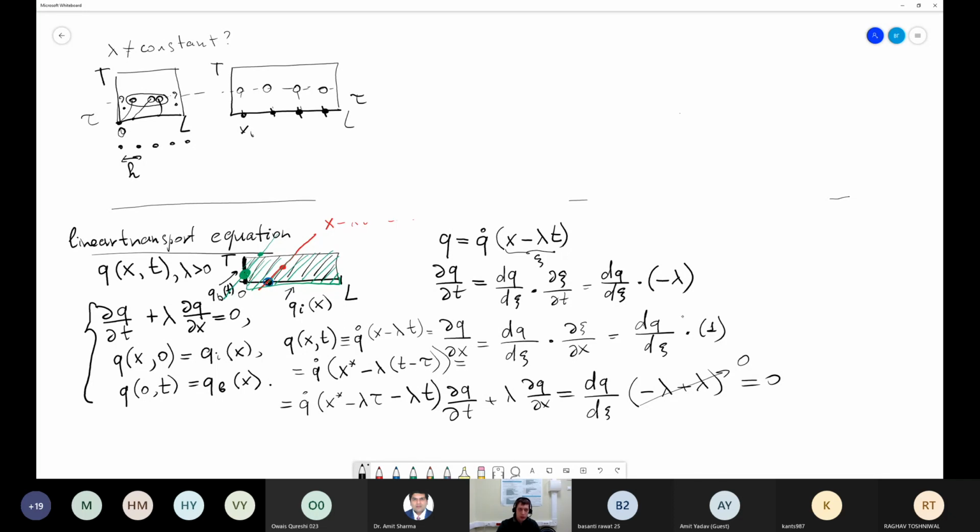To achieve this, we start from the next time layer and go back. That's why this method is called the inverse method of characteristics. We go back and find the intersection of this characteristic curve. We can deal with the nonlinear characteristics, something like this one, or something like this one.